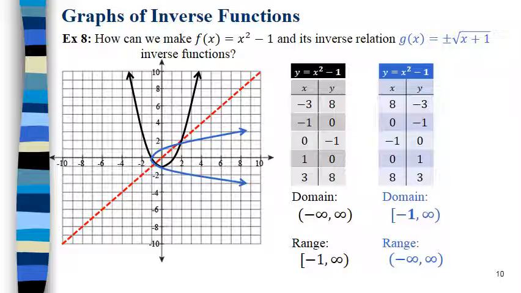We notice in this that our original function is actually a function, but its inverse is just a relation. Well, is there something that we can do to the original function to force its inverse to also be a function?